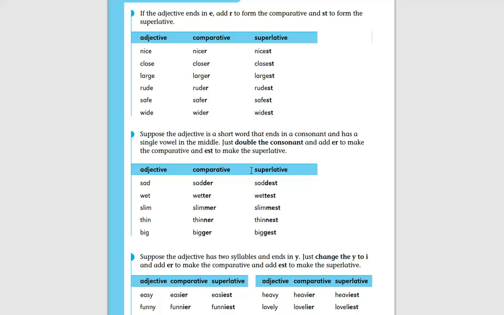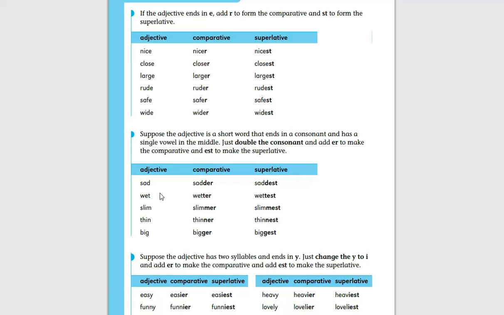The adjective is a short word that ends in a consonant and has a single vowel in the middle. For example, sad. Just double the consonant and add er to make the comparative and est to make the superlative.